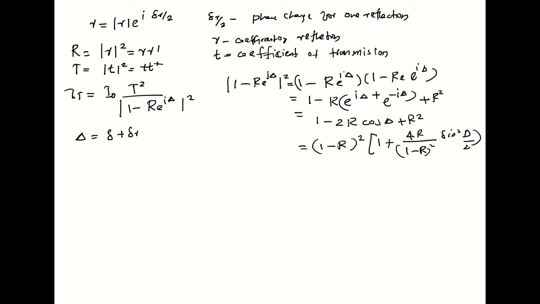So hence the formula for the transmitted intensity can be expressed as IT equal to I0 T squared divided by (1 minus R) whole squared, times 1 by (1 plus F sin squared delta by 2). Okay, this is how the equation looks.